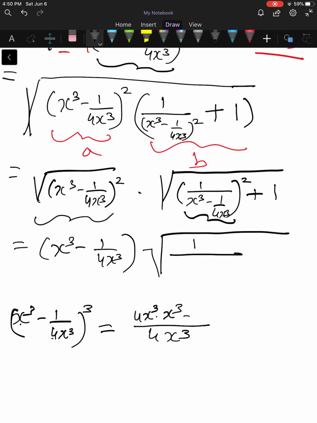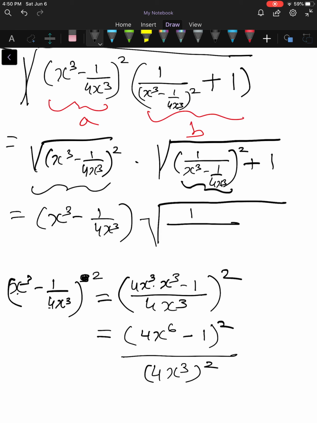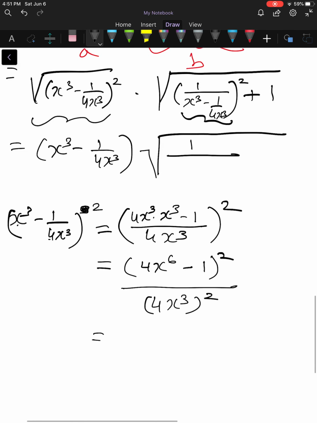So 4x³ times x³ minus 1, sorry, this is square, yeah, whole square, correct?